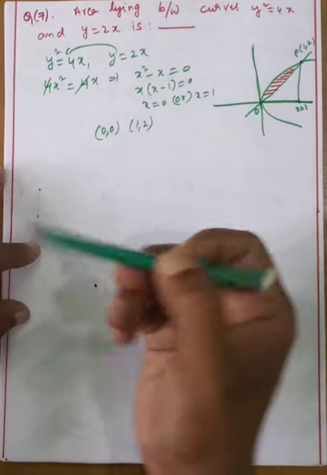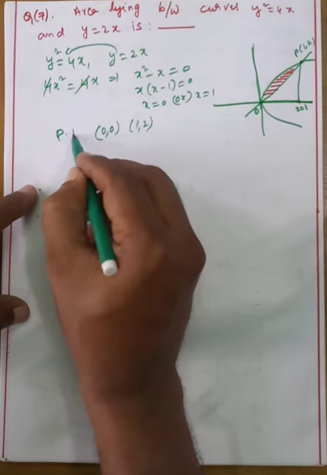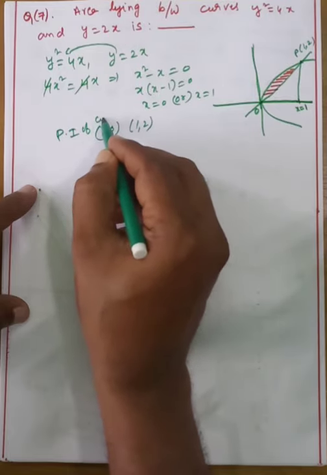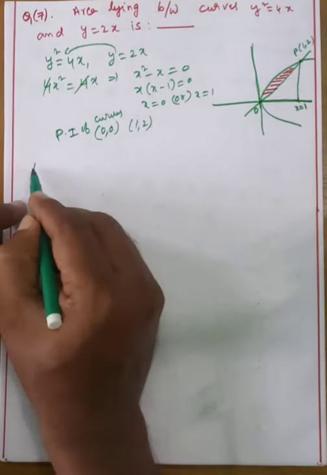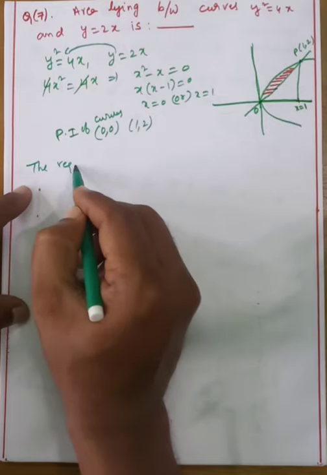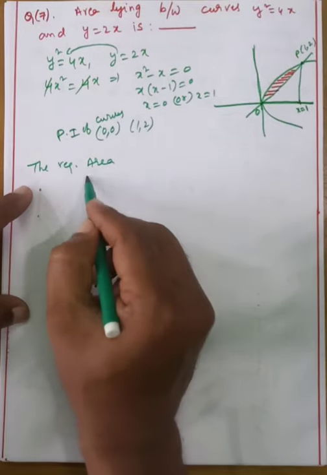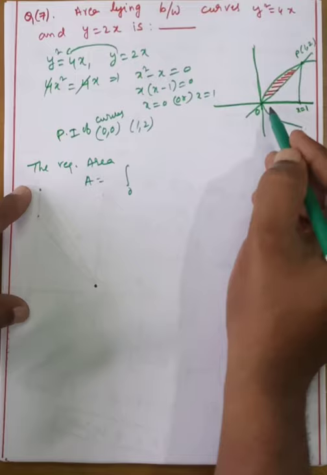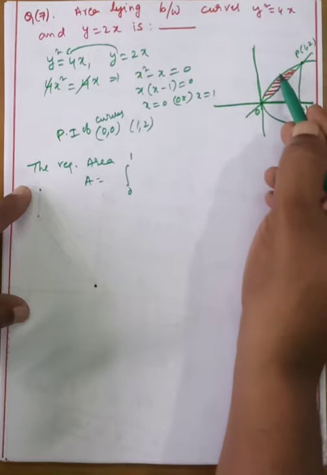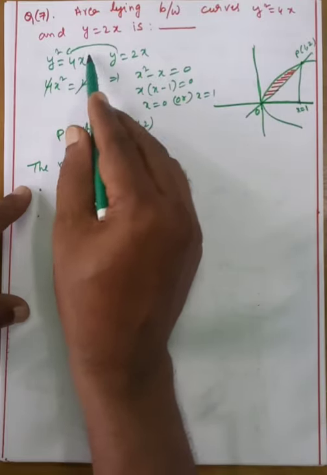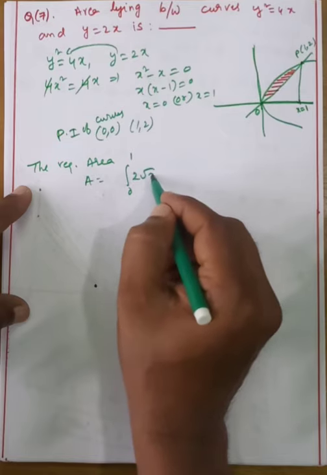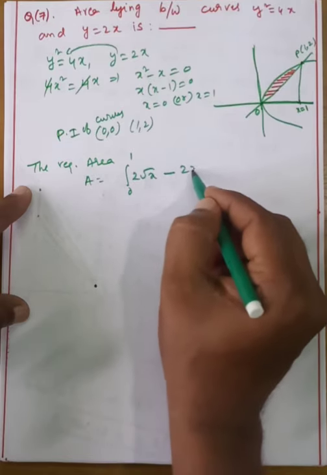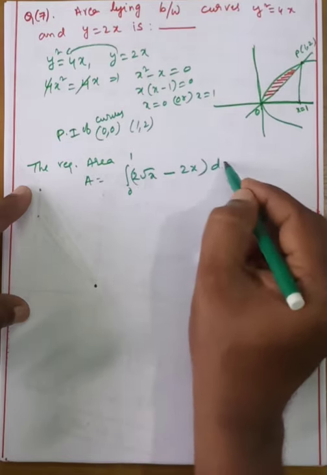Now this is the point of intersection of the curves. Now the required area A is equal to the integral from 0 to 1. What is the upper curve? Y equals root 4x, which means 2 root x, minus the lower curve 2x, dx.